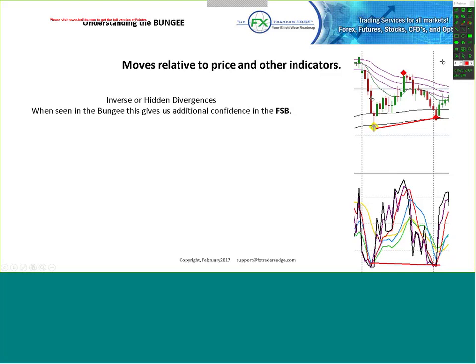There will be other reasons, but when you see that, in this case, we've got a stretch away. We've got a snapback. And when you see that hidden or inverse divergence, negative divergence, some people call it, then it gives you confidence in the failed snapback and the fact that the market is likely to move to a new high.